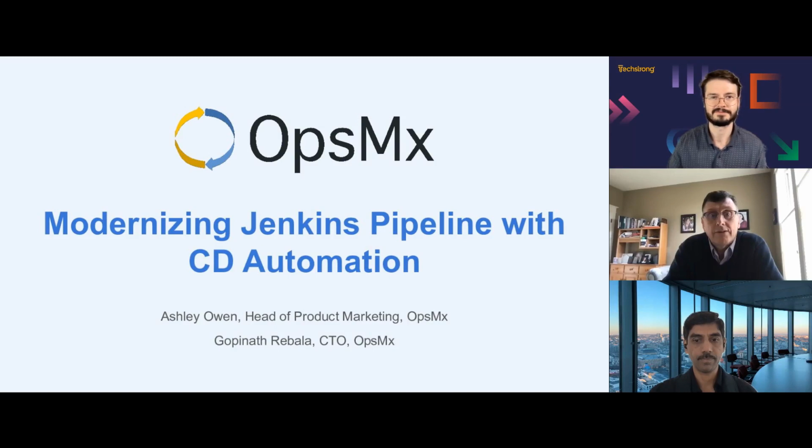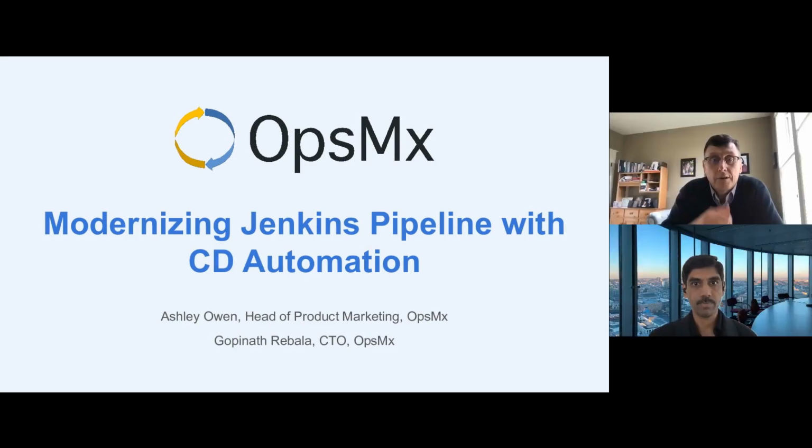Let's make sure I got the slides up. There you go. So, modernizing Jenkins pipeline with CD automation. Gopi and I are delighted to be here. We're going to throw up a quick poll just to get you up and running. Are you using one or more advanced deployment strategies?